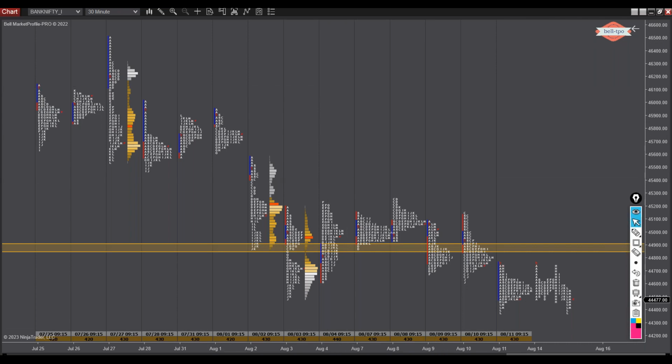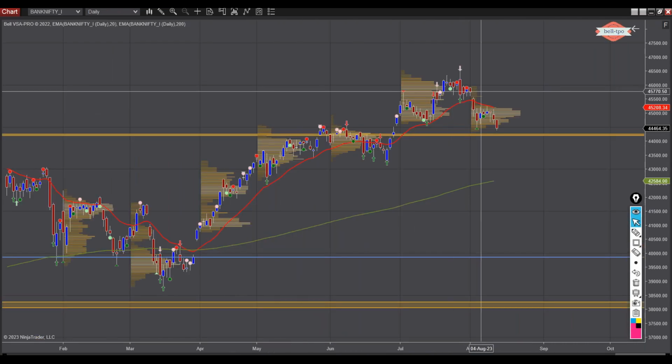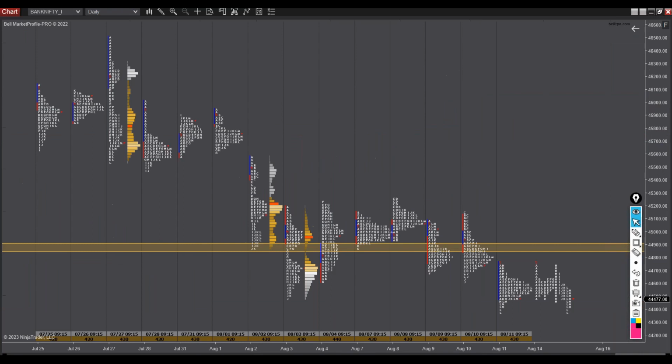So I would advise you to look at this daily chart with volume profile and market profile chart to understand context on higher time frame, like long swing time frame and short swing time frame, and then you can develop a trading method to trade intraday or short swing, whatever suits your trading style better.